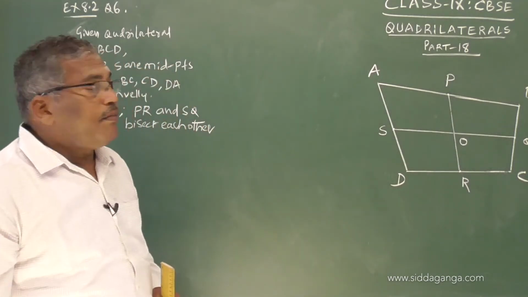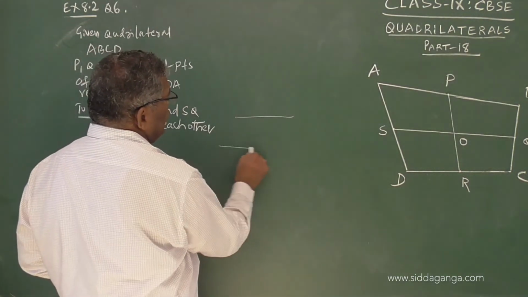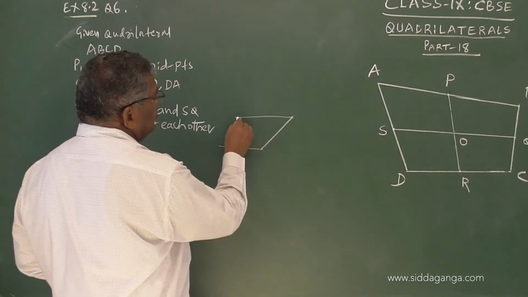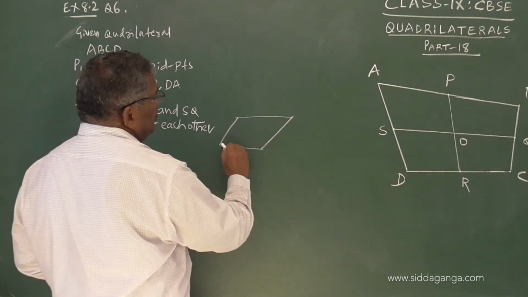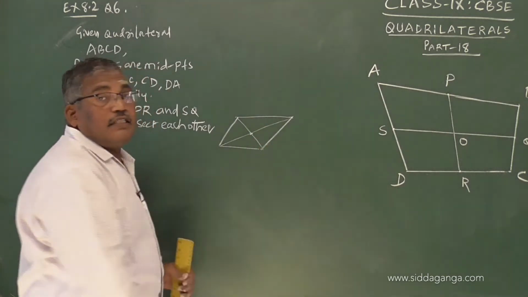So you remember one thing, in any parallelogram, we know that the diagonals always bisect each other.